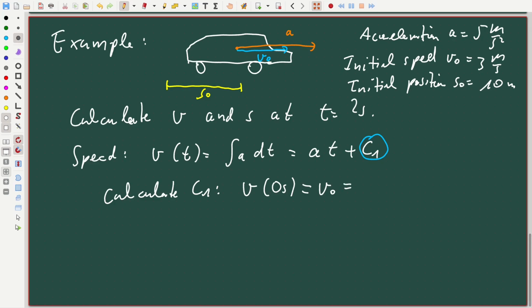And when I insert here 0 seconds, it would be 5 meters per square second times 0 seconds plus c1. This term vanishes actually. So this is gone. And then at the end, what remains here is only our c1.